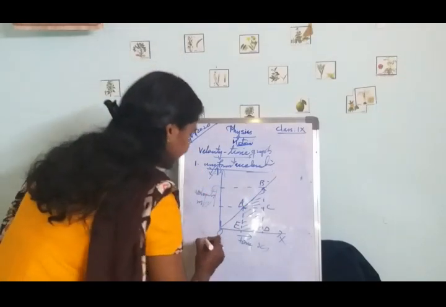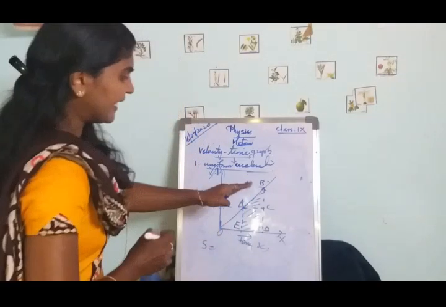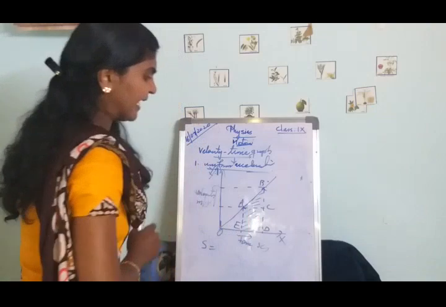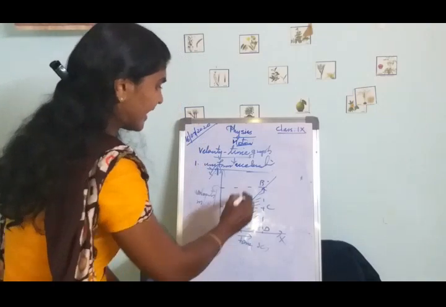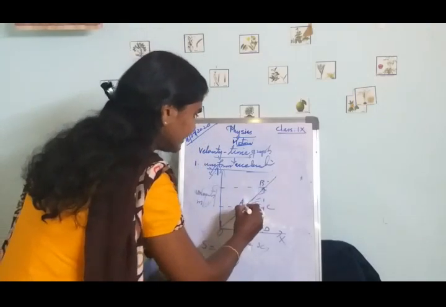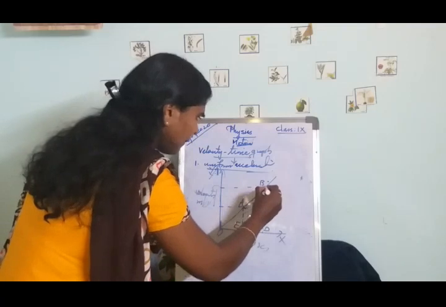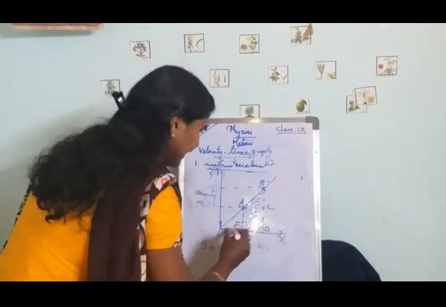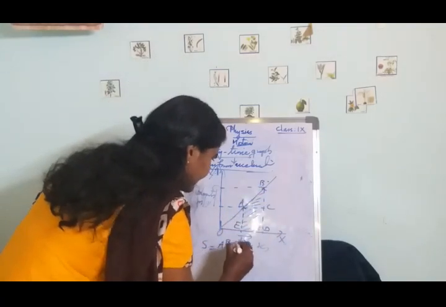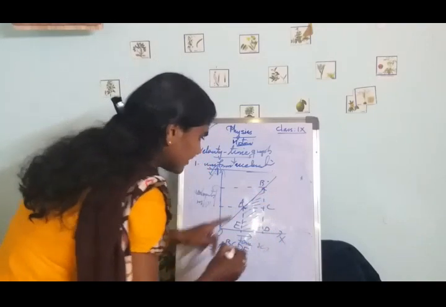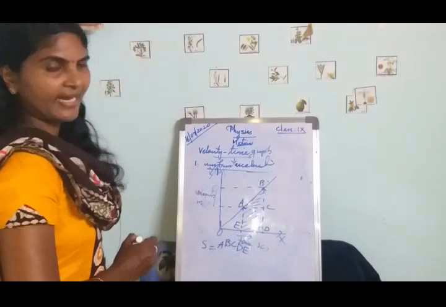Here the distance is equal to the area under the velocity time graph, which is A, B, C, D, E. That is actually the area under the velocity time graph.